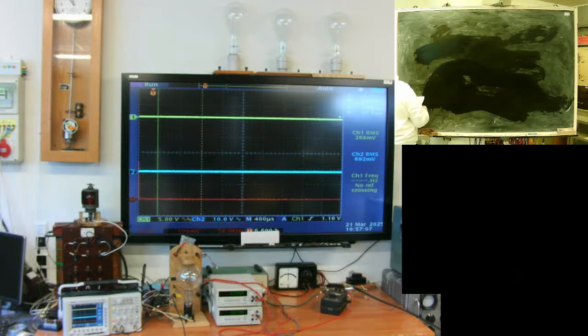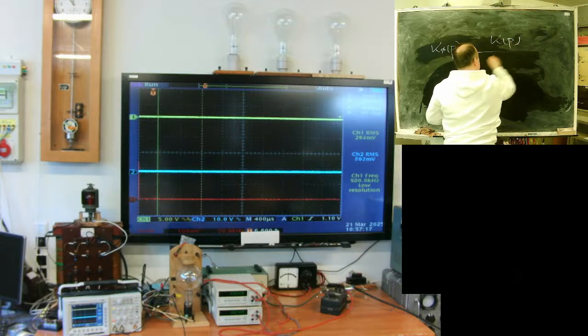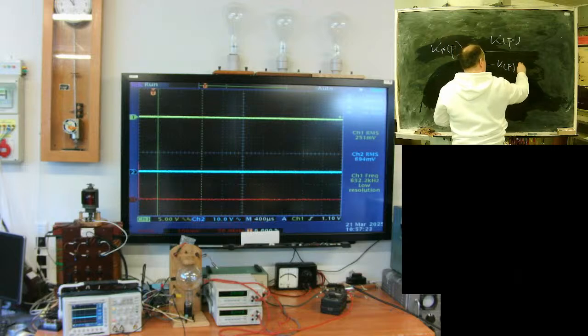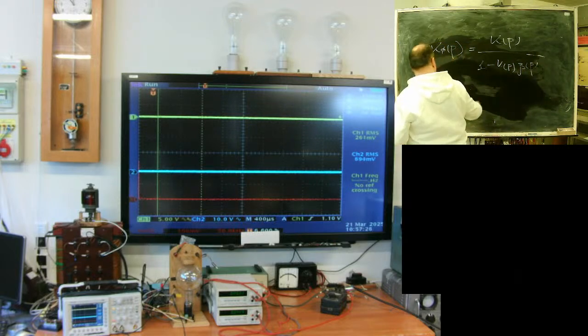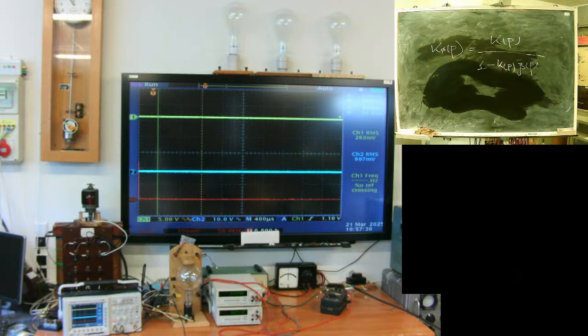So the transfer function in terms of the Laplace transform will be one minus beta, and our Laplace images.